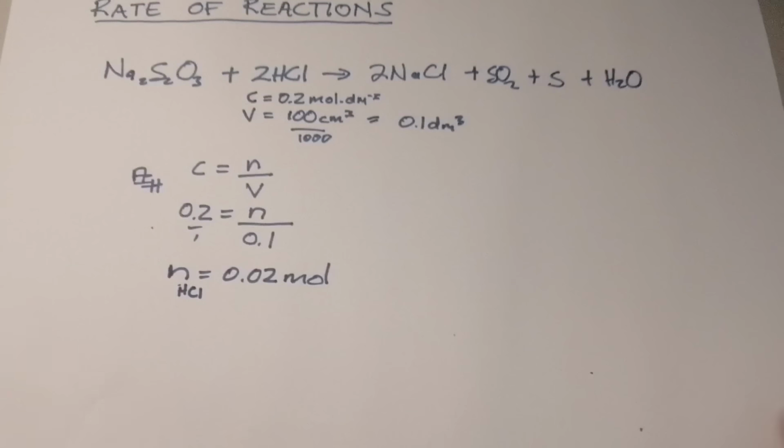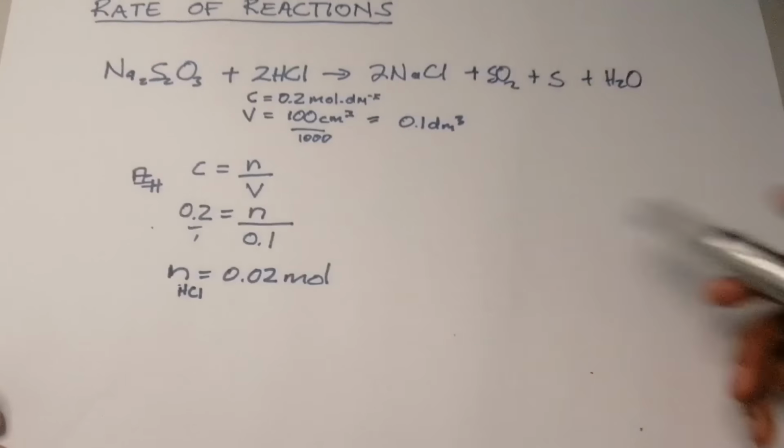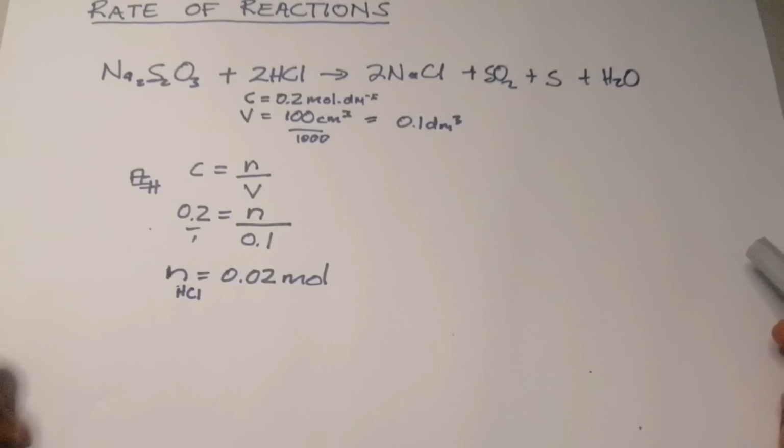Okay, right. Now I have the number of moles of hydrochloric acid, and remember that hydrochloric acid is the one that is going to limit the extent or the amount of sulfur that is going to be produced, right?